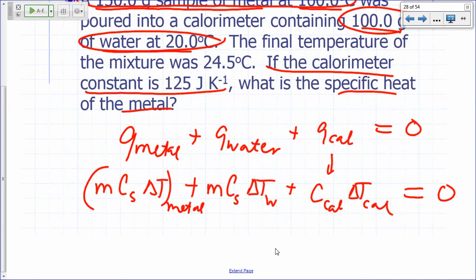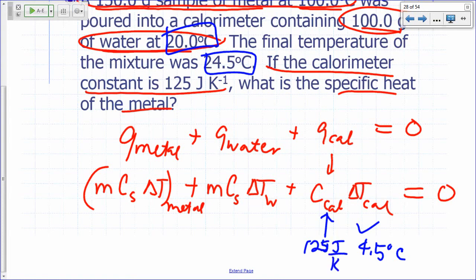What's my unknown here? I know my delta T cal. What's my delta T cal? It went from 20 degrees to 24.5. So this is 4.5 degrees Celsius, right? C cal, I know, is how much? 125 joules per degree Celsius or joules per Kelvin. So I know that. Delta T for the water is 4.5.